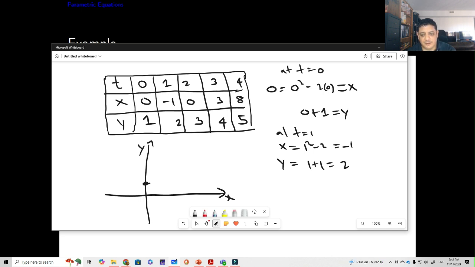For x equals minus 1, which will be here, y equals 2, so you mark this point here. For, again, x equals 0, now you have y equals 3, so you also have this point here.